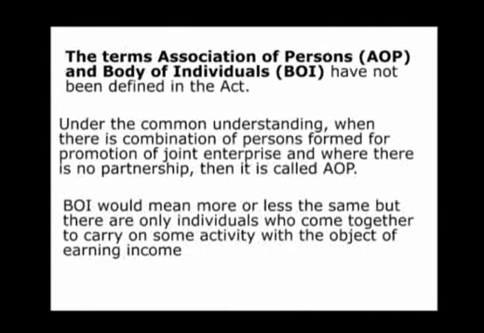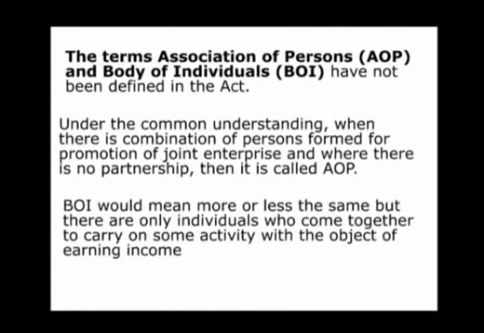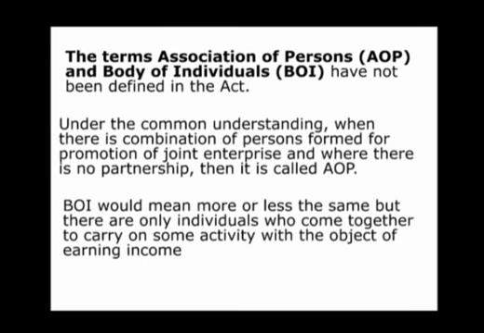The next term used in the definition of person is the association of persons and the body of individuals. They have not been defined under the Income Tax Act. However, under the common understanding, when persons come together and combine for the purpose of forming some joint enterprise, it is called an association of persons.